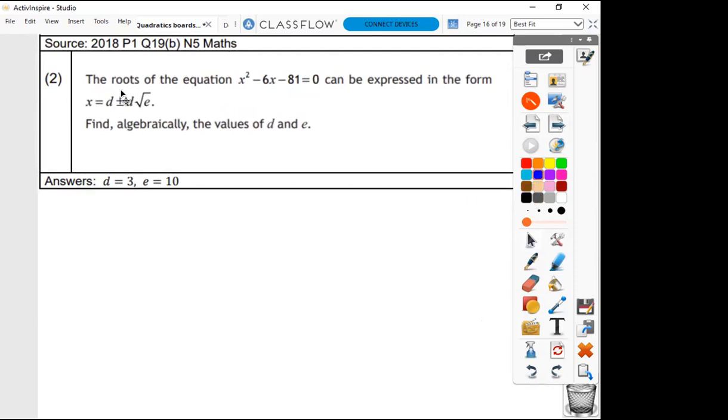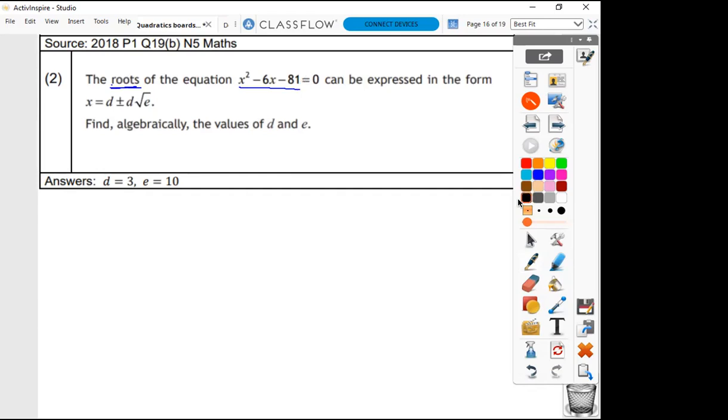The roots of the equation, we're given a quadratic, can be expressed in the form blah, blah, blah, blah. I'm looking at the word roots and I'm looking at the fact that we've got a quadratic. My head immediately goes to the fact that you're solving that using a formula.